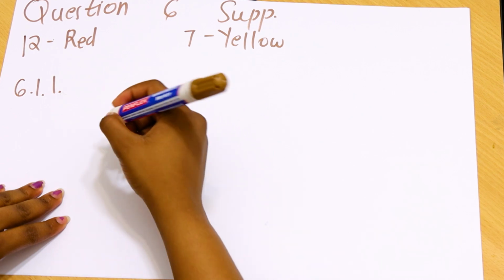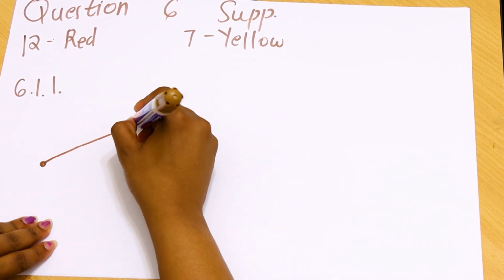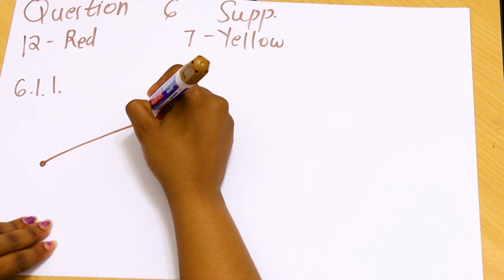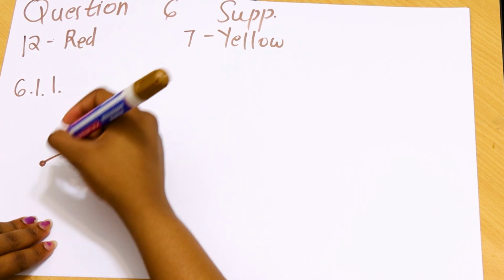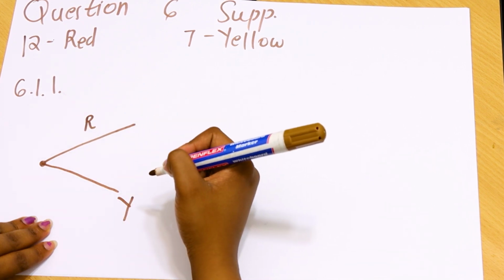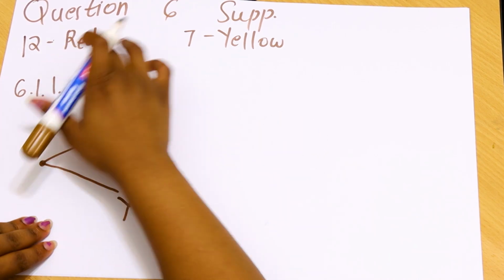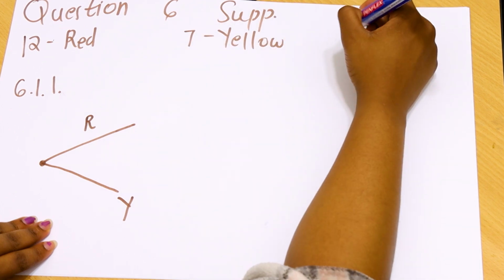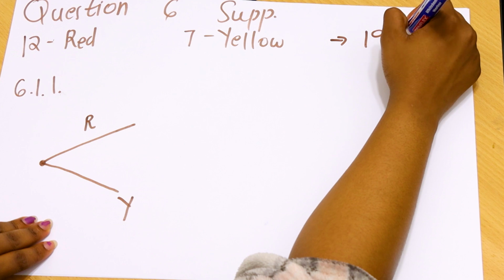Okay, now let's go. You have a red marble and a yellow marble. They said you have 12 red and 7 yellow, so you have a total of 19 marbles.